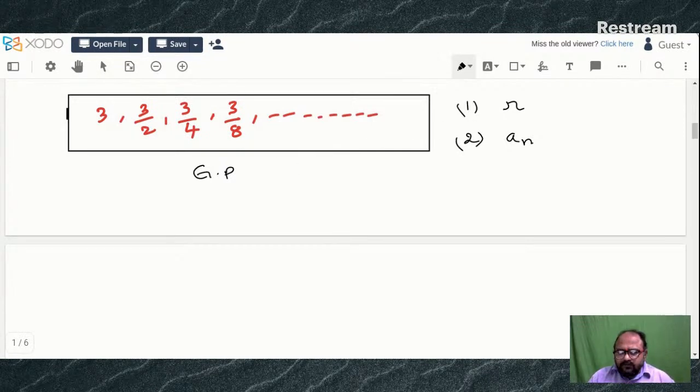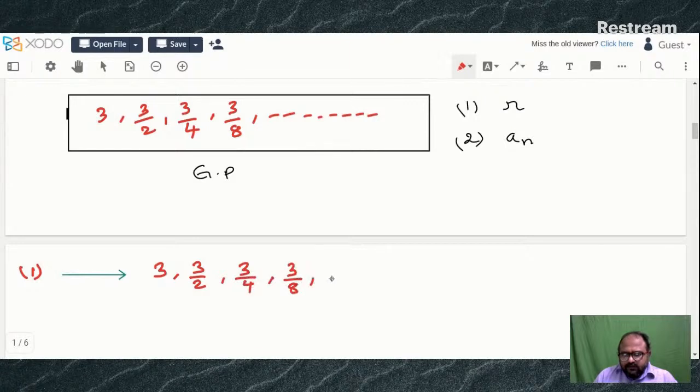Now let us write the solution using the steps. Step 1. In step 1, you note down the list of numbers given to you. What is the list of numbers given? 3, 3 by 2, 3 by 4, 3 by 8, and so on. This is the given list of numbers.